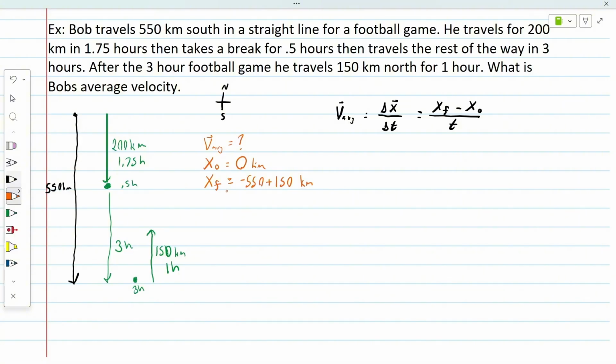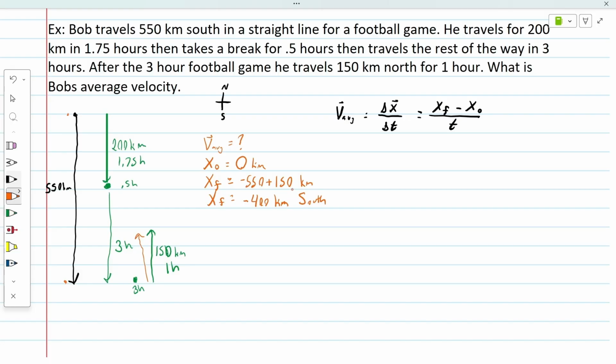So that's the final position because he starts at 0 here, comes down a whole 550, and then goes up 150 right there. Okay. So yeah, if we solve that out, we'll get a negative 400 kilometers. And what this negative means is basically south. But we'll keep it as negative for now, so that when we solve in our equation, that negative will take care of the direction.